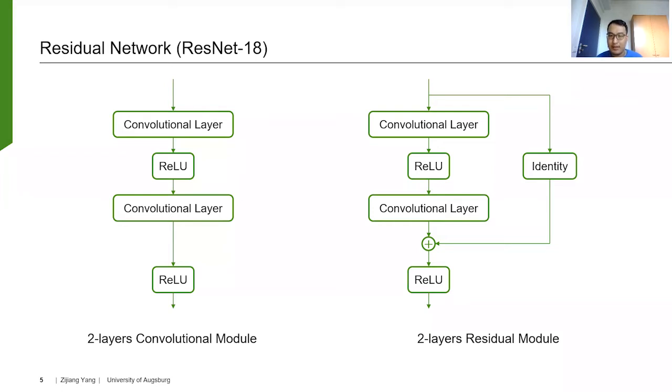It is based on the convolutional module, but before the input is fed into the convolutional layer, it is saved and marked as the identity, and at the end of the residual module, the original output and the identity are summed up, and the sum is regarded as the output.